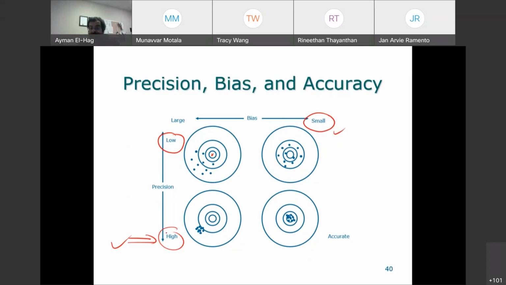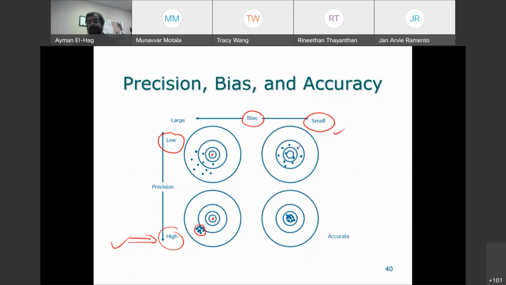But if you increase the precision, but still you have high bias, then your results will be repeatable. They are close to each other, but far from the true result. This is why I said high precision doesn't mean you have an accurate result. Okay, it means you don't have much of the random error, but you could have the systematic error.